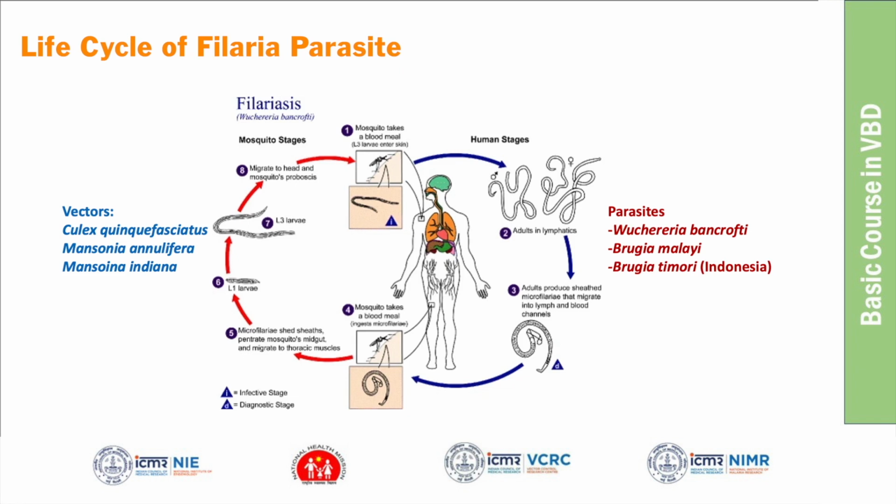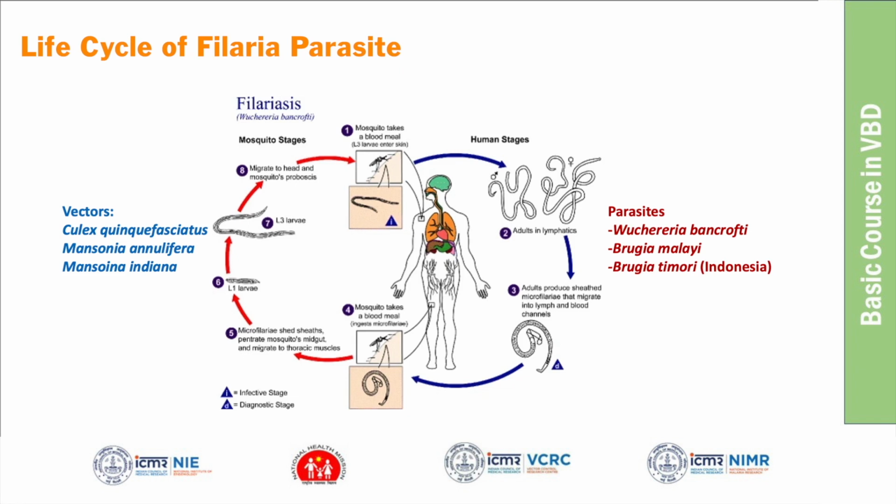So the vector picks up the microfilariae, and these microfilariae would immediately shed their sheath, and they will convert into L1 larva, and then L2 and L3.